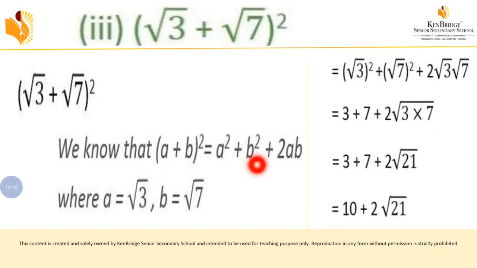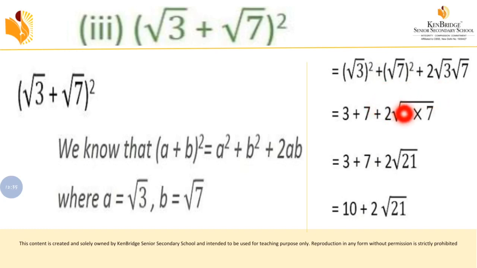So a squared plus b squared plus 2ab can be written as (root 3) the whole square plus (root 7) the whole square plus 2 into root 3 into root 7. Okay, now if you square root 3, you will get the number 3. If you square root 7, you will get the number 7. Plus here, it is a single root, both are root numbers, so we made it as a single root.